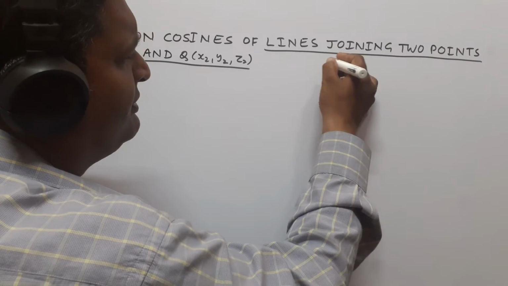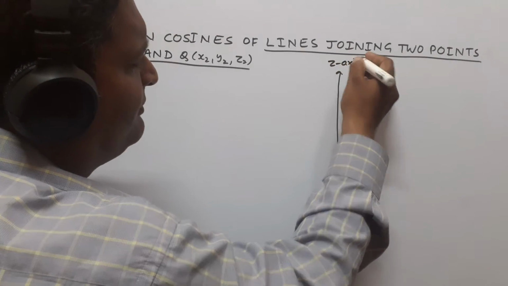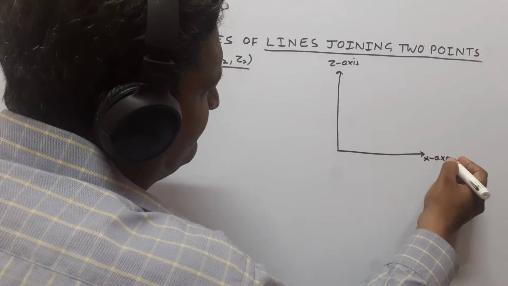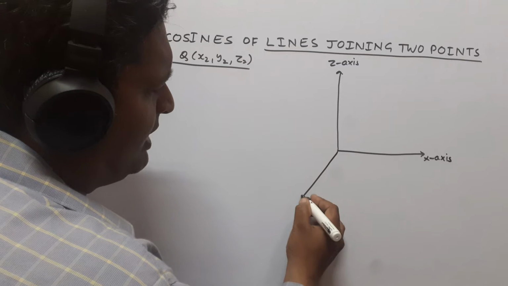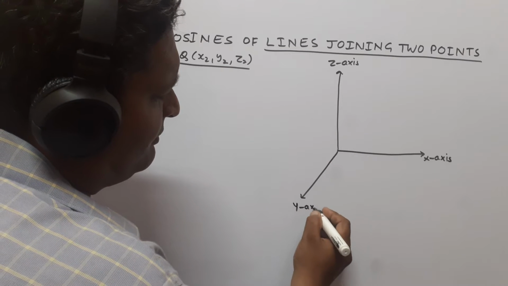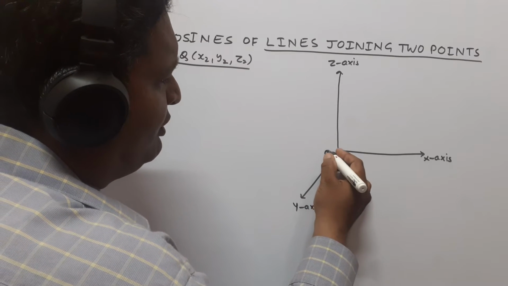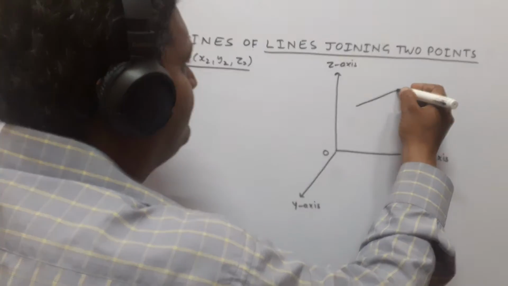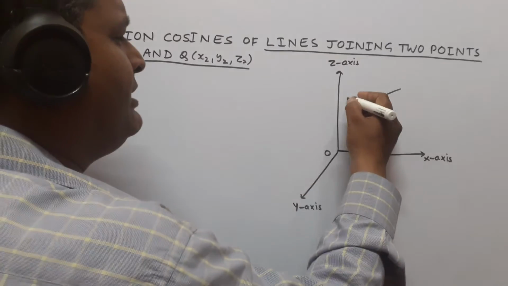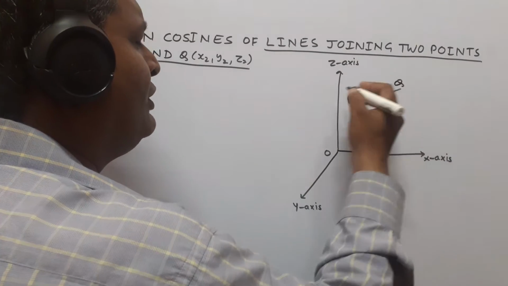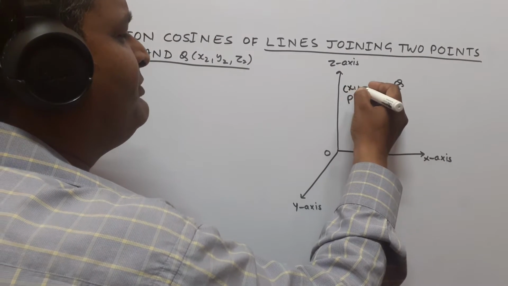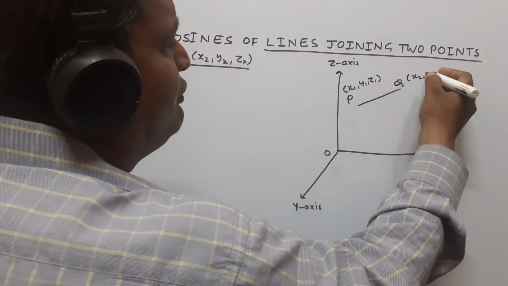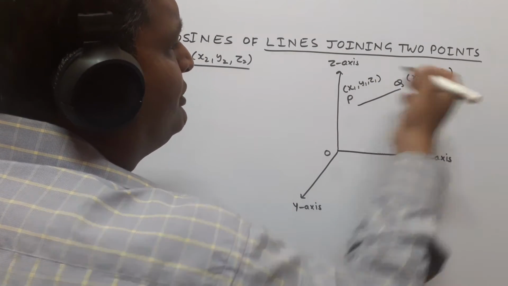Suppose this is the z axis, this is the x axis, and this is the y axis, and O is the origin here. Let us suppose that this is the line PQ, where the coordinates of P are x1, y1, z1 and the coordinates of Q are x2, y2, z2.